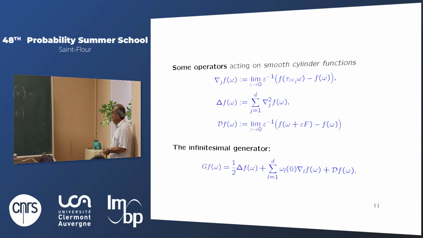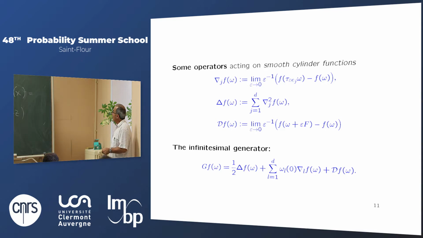Take a function, as I told you, a finitely depending smooth cylinder function, shift, okay, do this, but with a little epsilon in the direction j, where e sub j is the unit vector, subtract the original value, divide by epsilon. For these functions, the limit will exist because I said that these functions are smooth and so on. My field is also smooth, no problem.